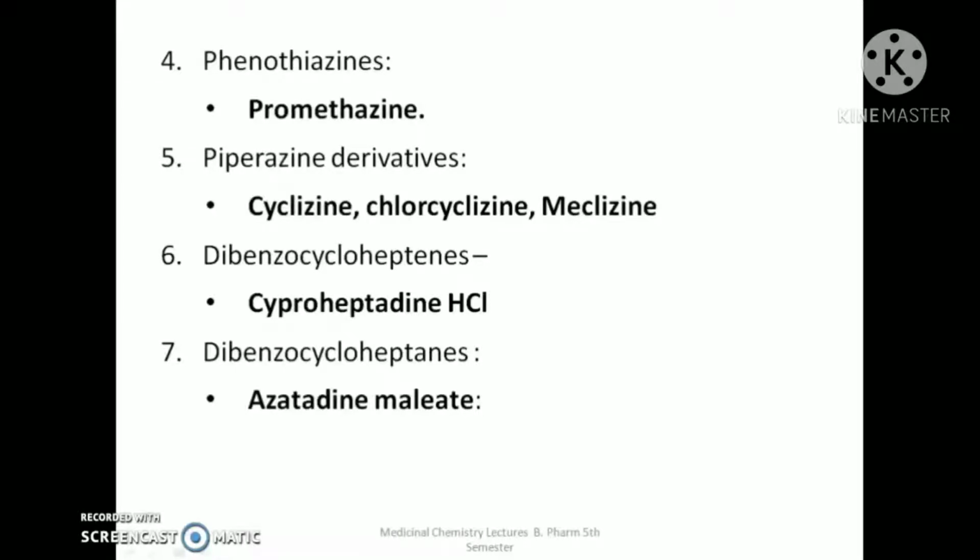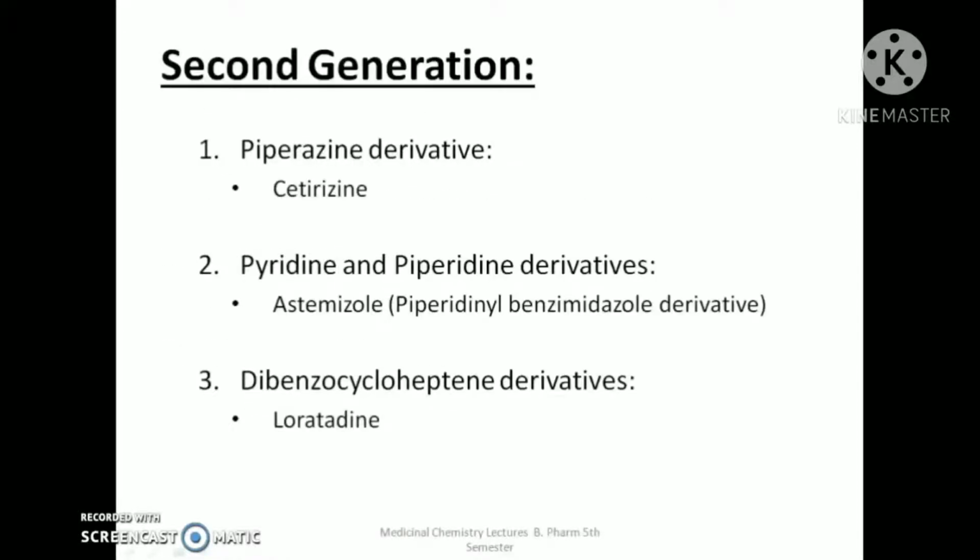Coming to the second generation antihistamines, they are derivatives or more modified forms of the first generation. They have somewhat similar structural features to the first generation. They are again classified into piperazine derivatives, example is cetirizine; pyridine and piperidine derivatives, example is astemizole; and the third one is the dibenzocycloheptene derivatives or azatadine derivatives, example is loratadine.